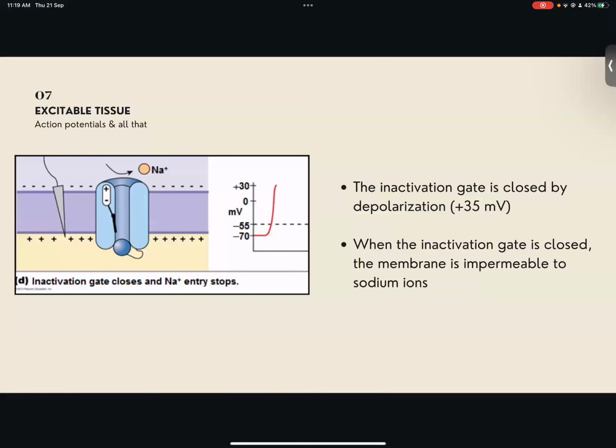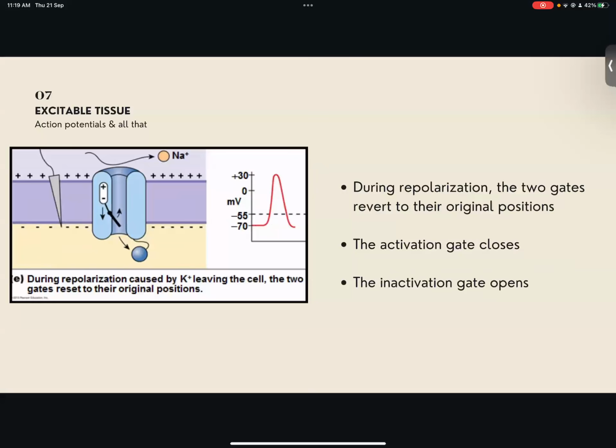As you depolarize the cell, which means make it become more positive, as you depolarize it more and more and more, that's when your inactivation gate will close. So inactivation gate is closed by depolarization. Okay.